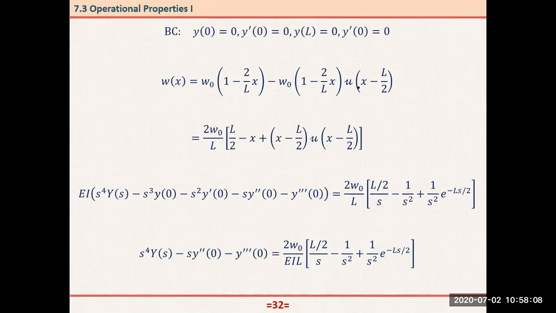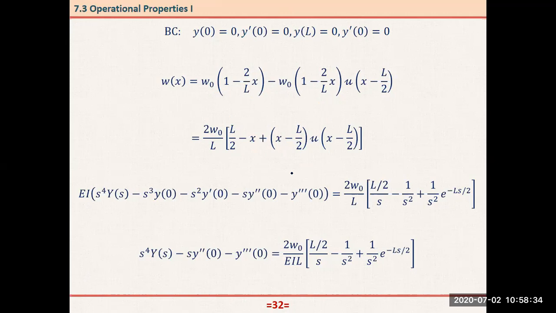If X is greater than L over 2, until L, this thing is equal to 1, so this minus this is equal to 0. Now if we do some simplification here, W sub 0 is a common factor, 2 over L is a common factor, we take this to the outside, and it takes this form, right?